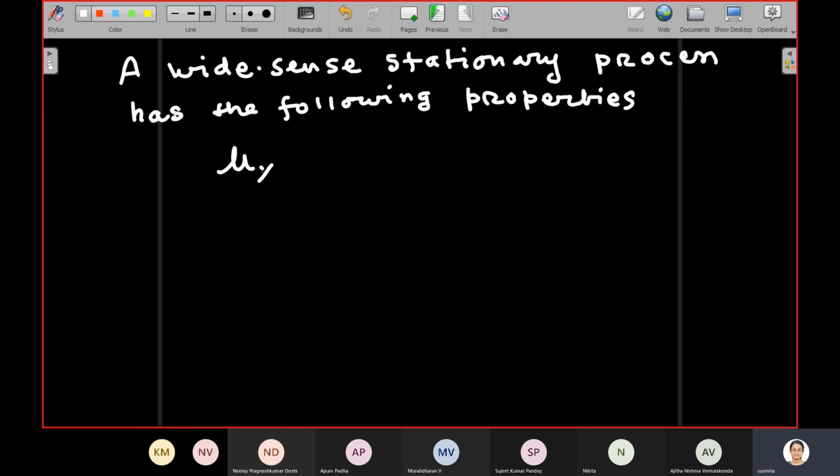Its mu, the mean, is constant. It does not vary with time. So whether you sample the random process at T1 or T2 or T3, you will always get the same mean.